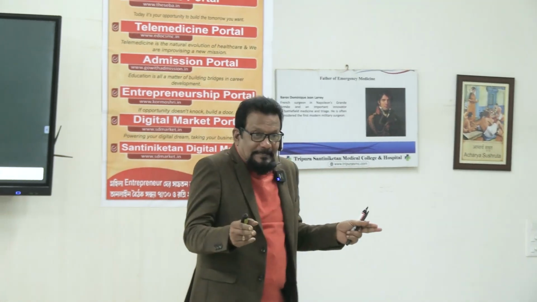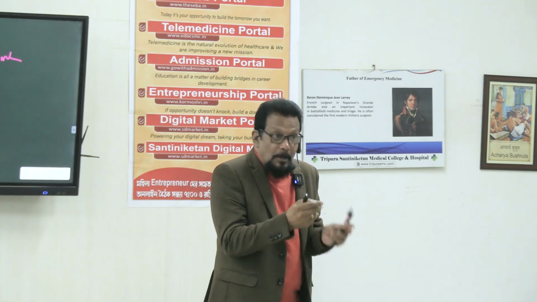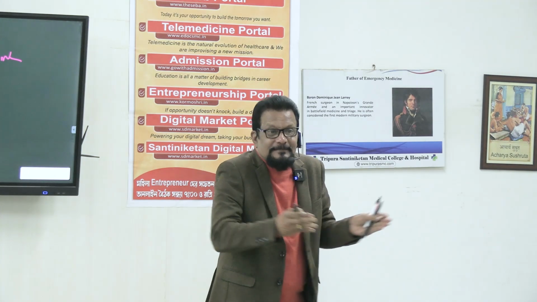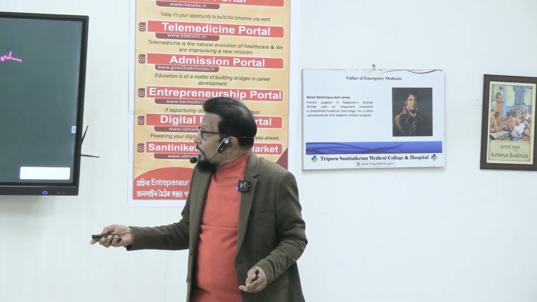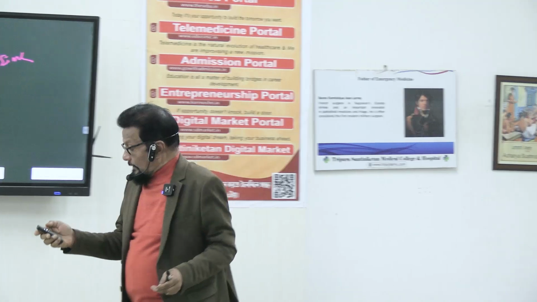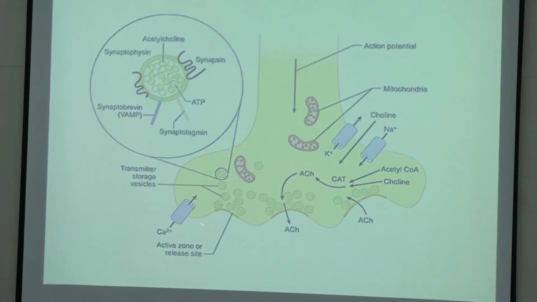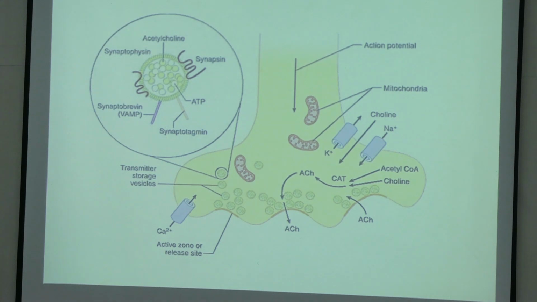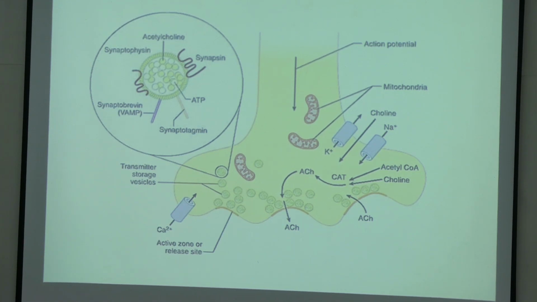Now, because of this action potential arriving in the active zones, these calcium channels will be opened. Now, from the cleft, this area is the cleft. So, when this action potential comes here, the calcium channels will be opened.